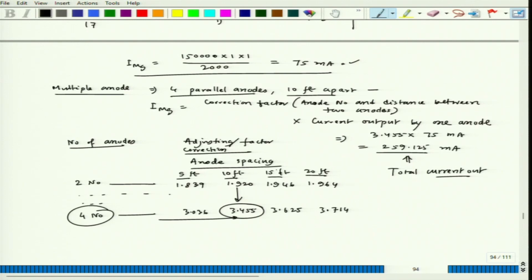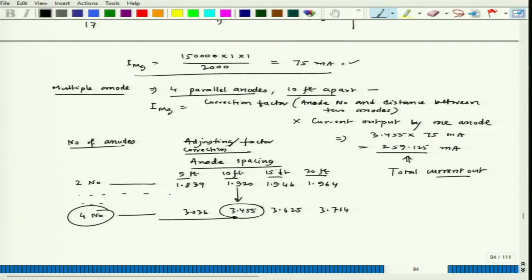The only difference is that the correction factor comes for other reasons, because when you use the basic equation V equal to I R, the R contribution would be different at different segments and junctions. For example, there could be one R due to the backfill and the anode, then backfill and soil, and then soil and the pipe surface.